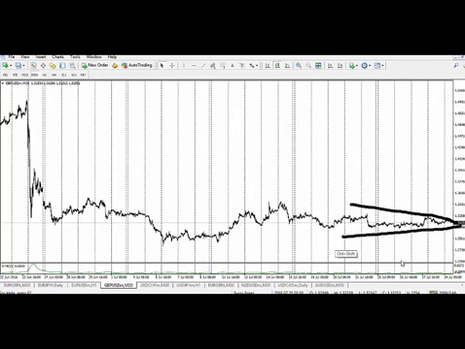It will eventually break in whatever direction. I would bet on the breakout to the downside, because in a strong trending market, the breakout happens always in the direction of a trend.